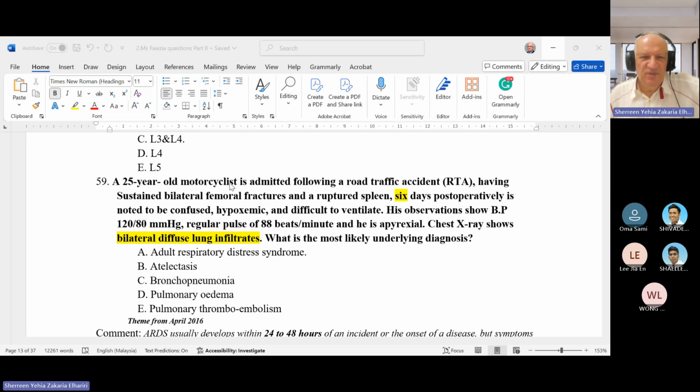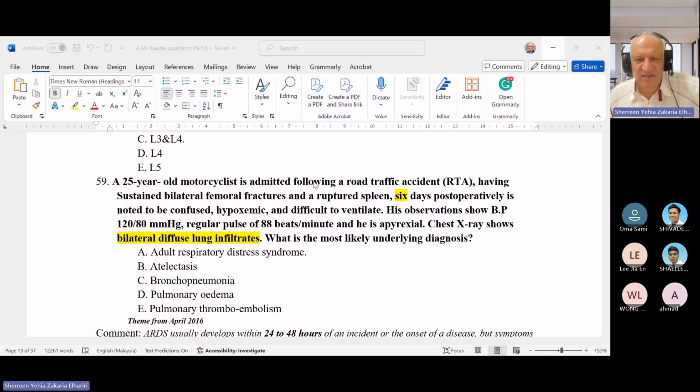Post-operatively he is confused, hypoxic, difficult to ventilate. Observations show blood pressure 120/80, regular pulse 88, apyrexial, so it is not pneumonia, no chest infection. Chest X-ray shows bilateral diffuse lung infiltration.